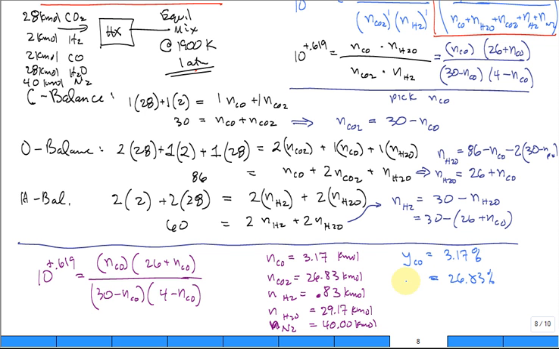Okay, so the mole fractions for this problem, because I started with a nice number coming in, are equivalent. So Y of H2 is 0.83%, Y of H2O is 29.17%, and Y of N2, 40%. That's the answer.